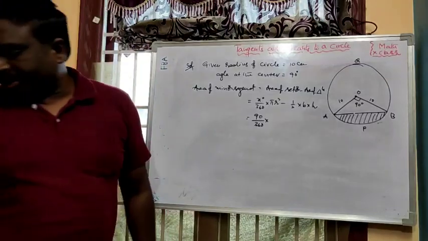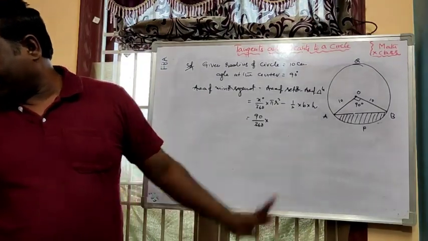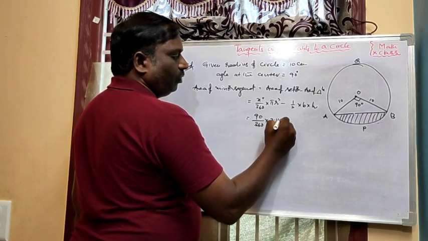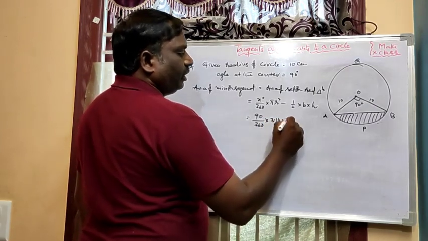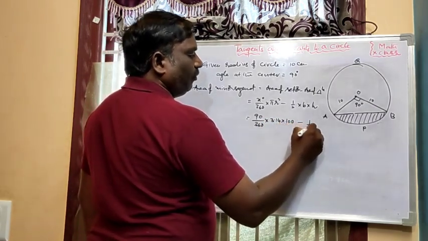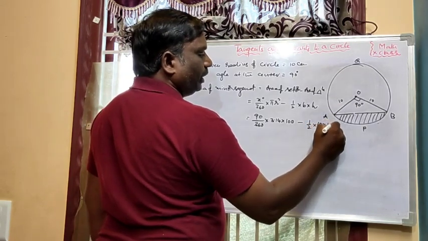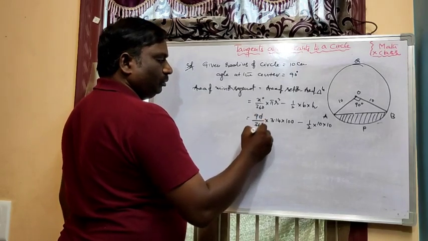The pi value, in this question we have to take 3.14. 3.14, and radius is what? 10 into 10, 100, minus half into base into height, I'm taking 10 into 10.